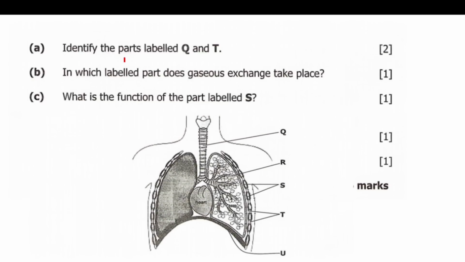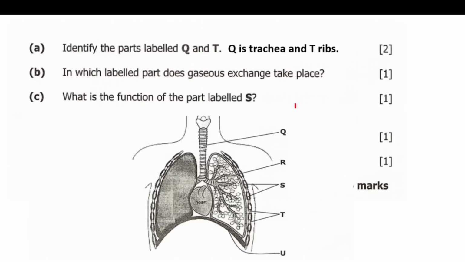A, identify the parts labeled Q and T. So this Q here is called trachea, and T, these are ribs. Then B, in which labeled part does gaseous exchange take place?